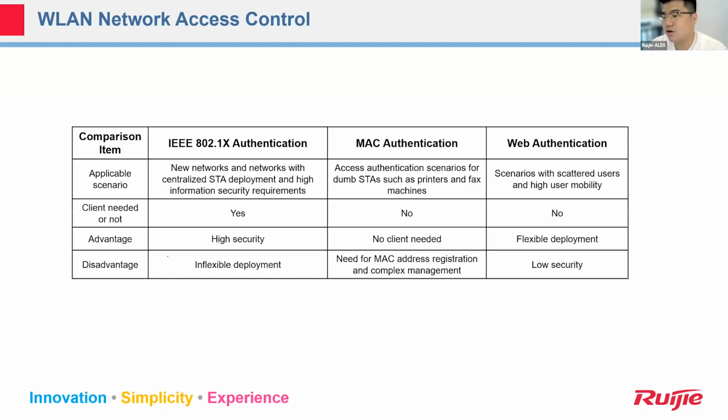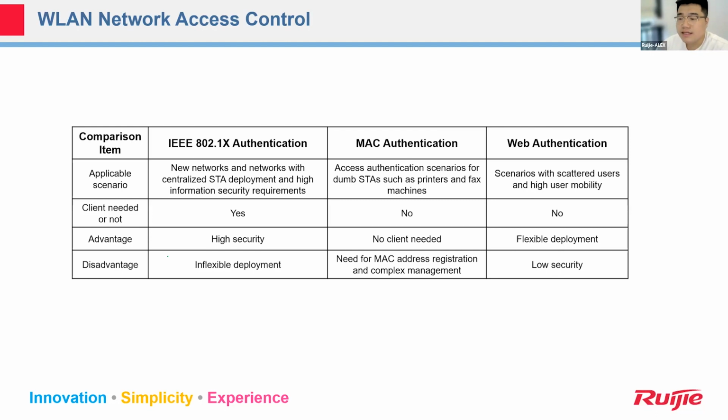It is totally open, and you can directly connect to it. And except that we still have PSK, pre-shared key authentication. Pre-shared key means you should configure the key of the network, and the users should enter the key, the password they have, and then they can access the network.